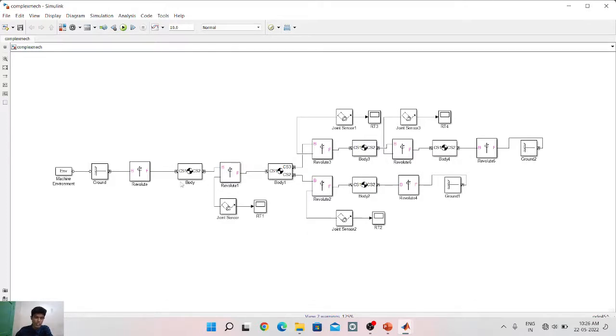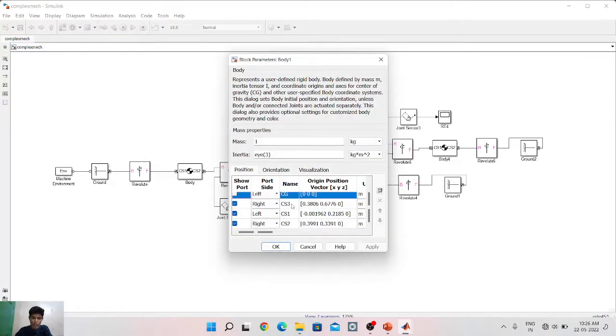In a ternary link, the body has to have three ports. We can assign a number of ports using the add option in MATLAB.